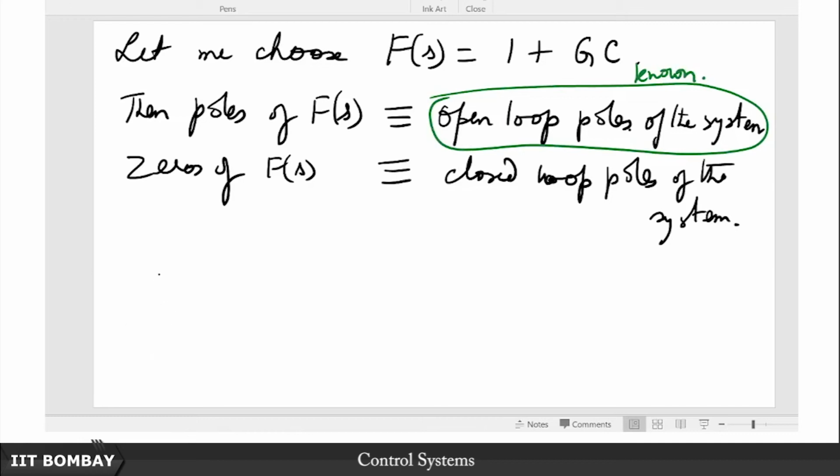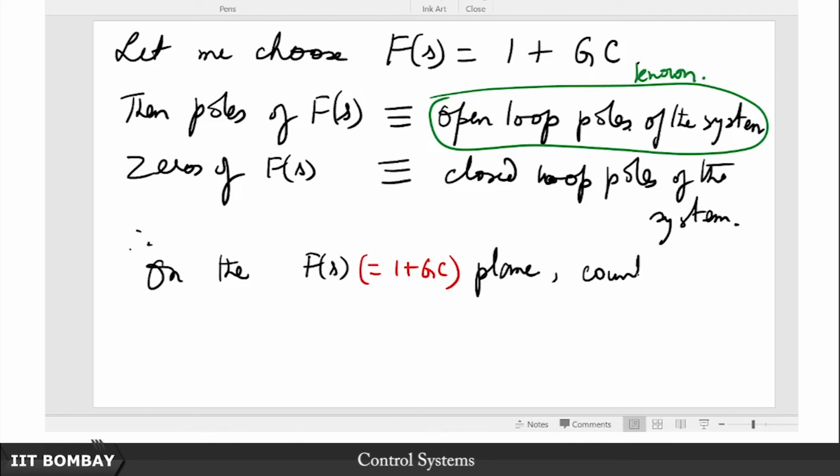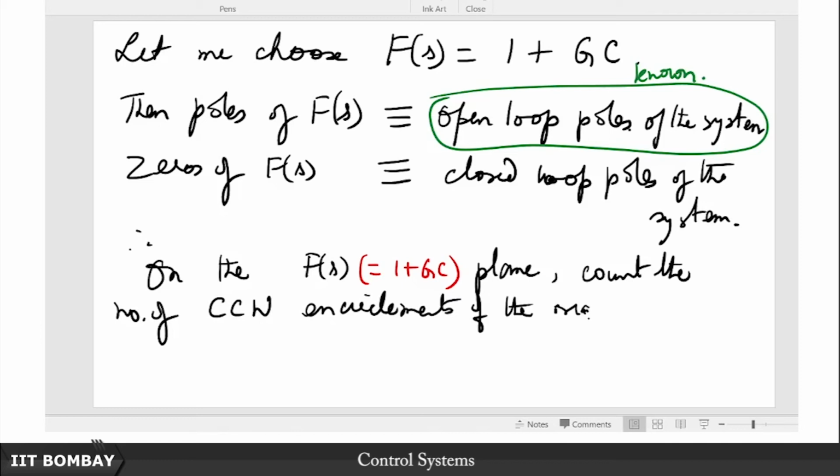Therefore, on the F(s) plane, where F(s) is of course equal to 1 plus GC, count the number of counterclockwise encirclements of the origin.